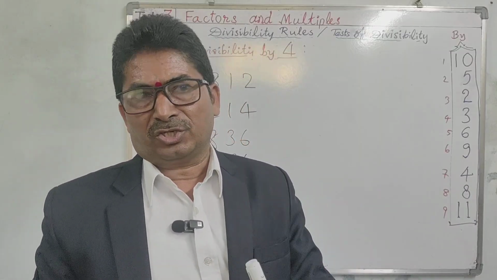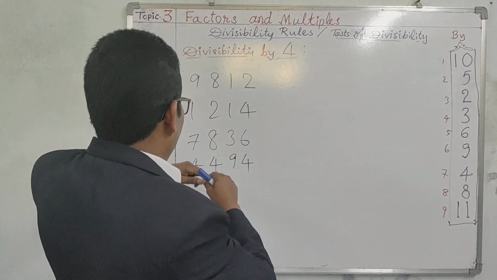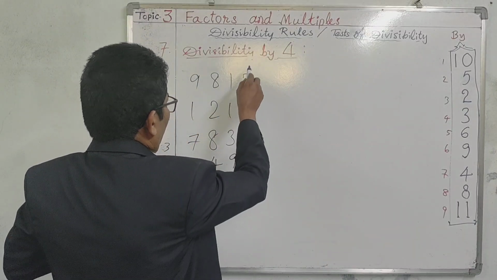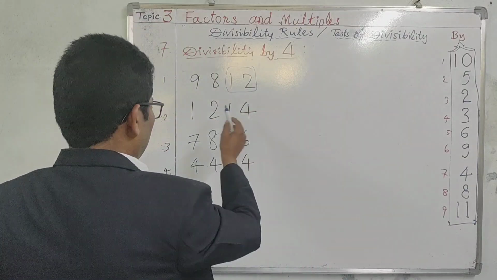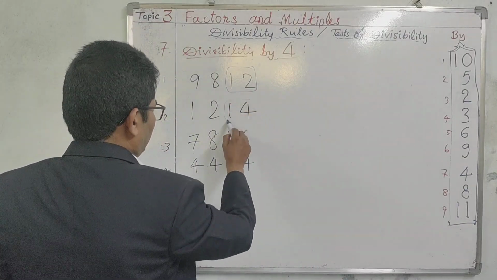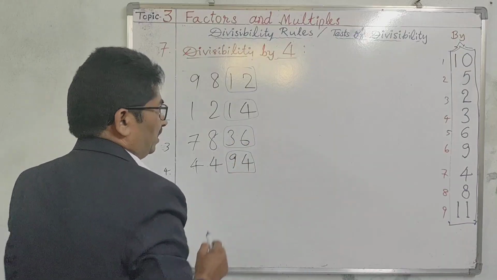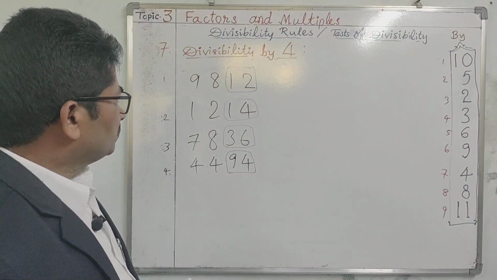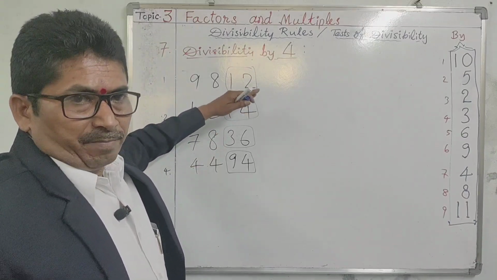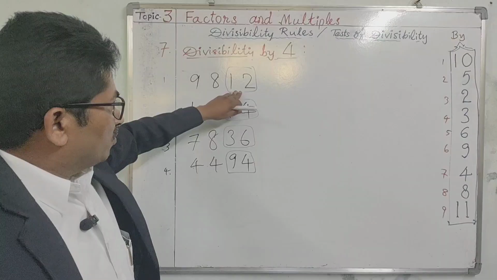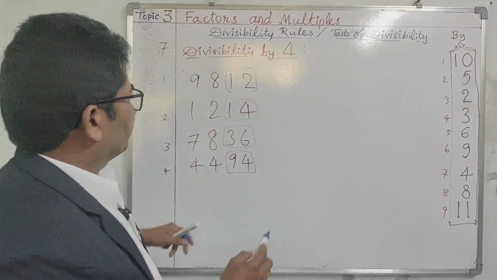These are the last two digits. If this number is divisible by 4, then the total number is exactly divisible by 4.